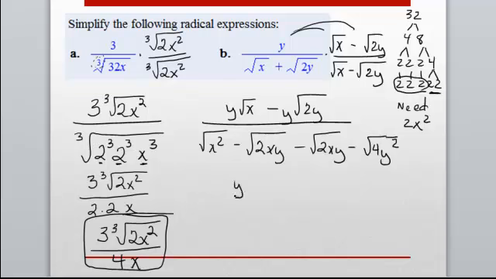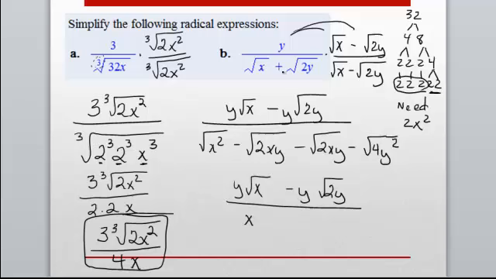Back to the numerator, y square root of x minus y square root of 2y all over square root of x squared is x.